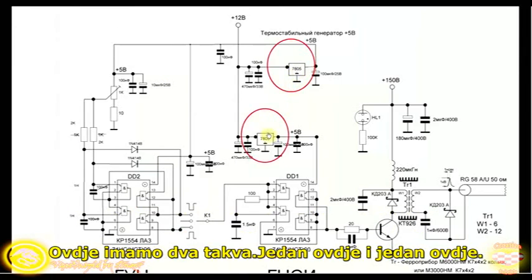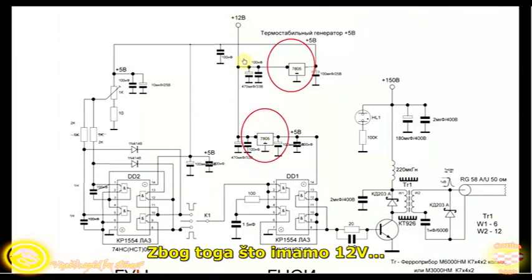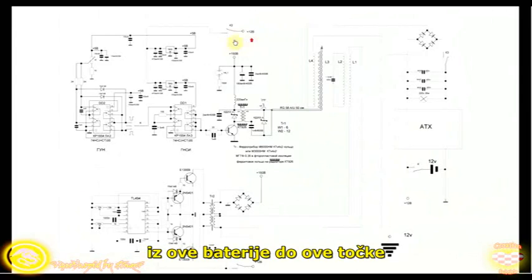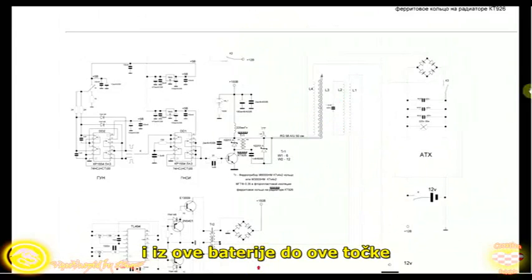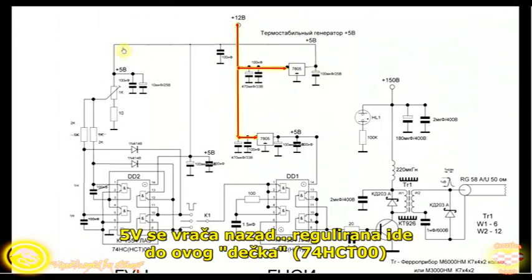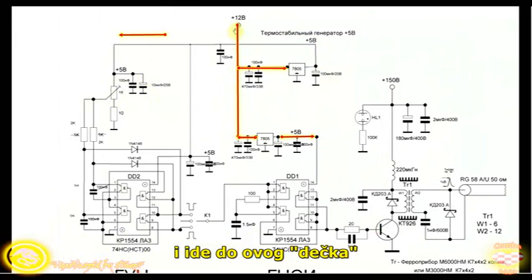So you have two of them, one in here and one in here. Because we have 12 volts from that battery to this point, and from that battery to this point for a moment only. We have 12 volts come here, 5 volts coming back, regulated, going to this guy, and going to this guy.